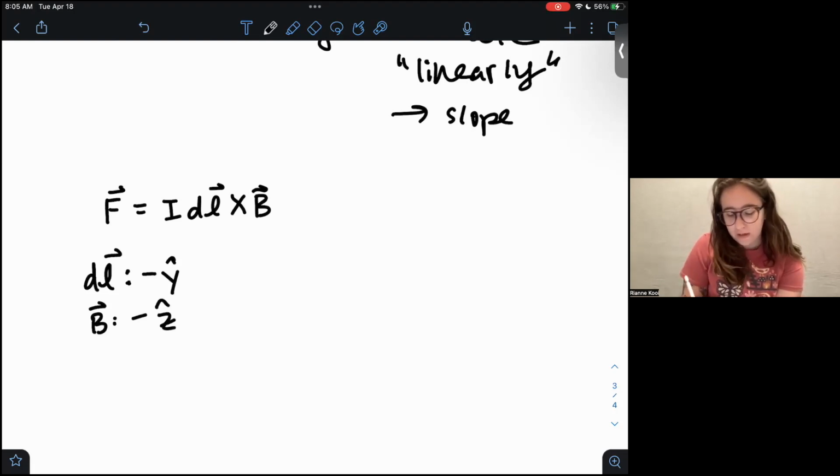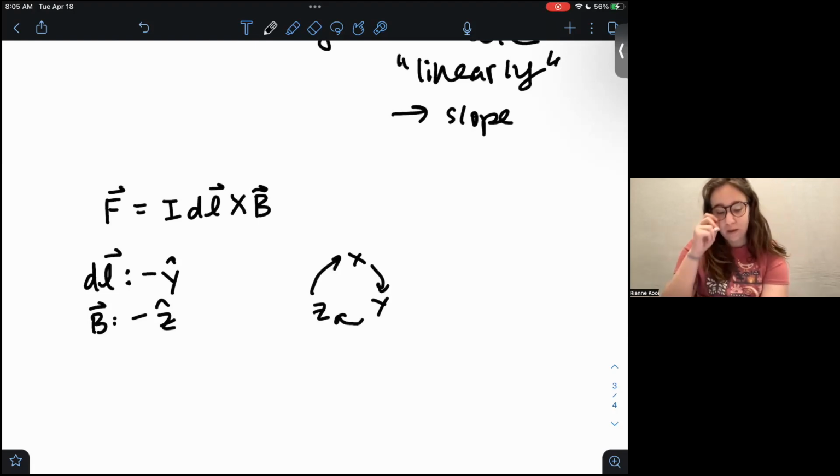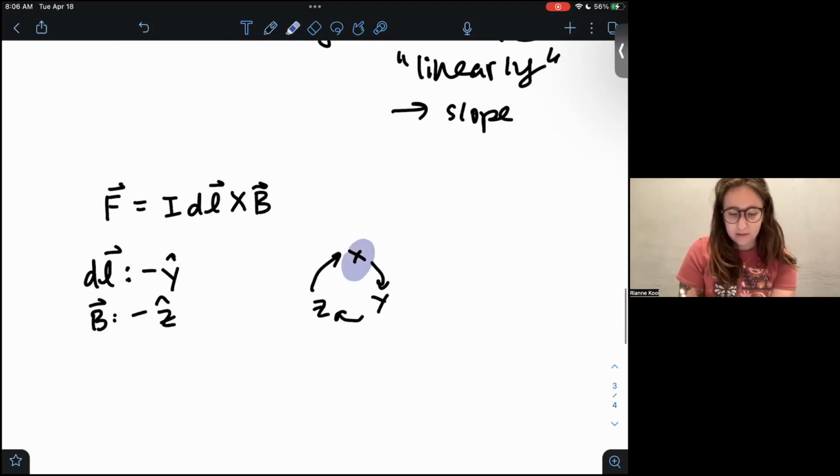So if we do our little trick with the cross products, dl cross B, we have a negative y and a negative z. But we're going in the same direction, so essentially we're going to just ignore the negative y and negative z, because we can always take that out as a constant, and we are left with a positive x.